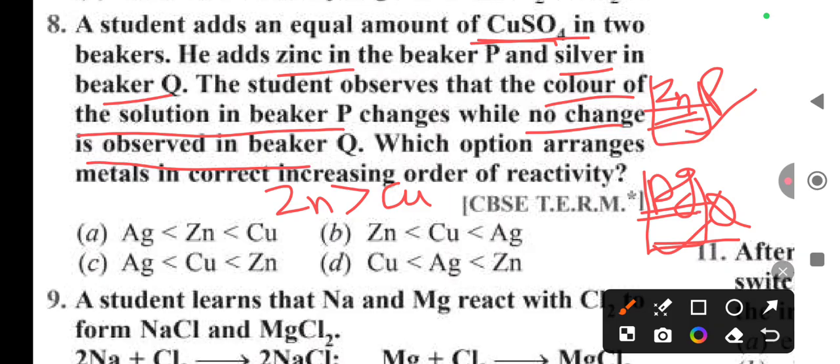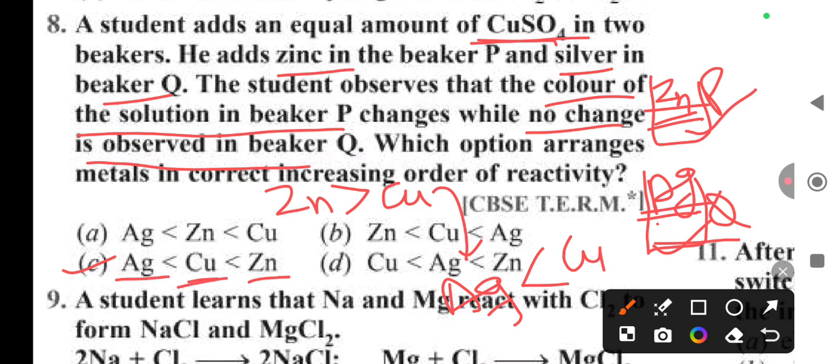It means silver is less reactive than copper. If you rearrange it, then which option you will get? You will get option C. Zinc is more reactive than copper, but silver is less reactive than copper.